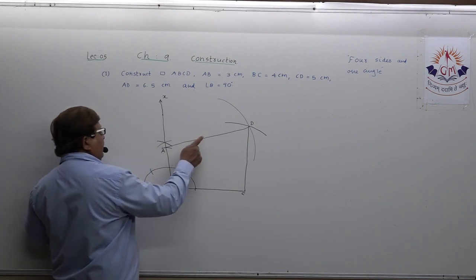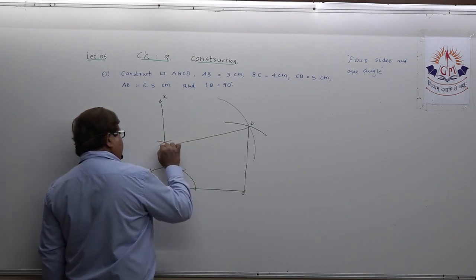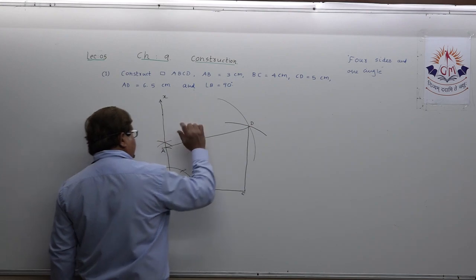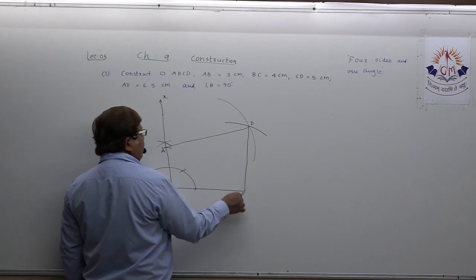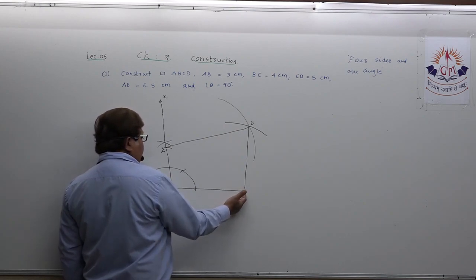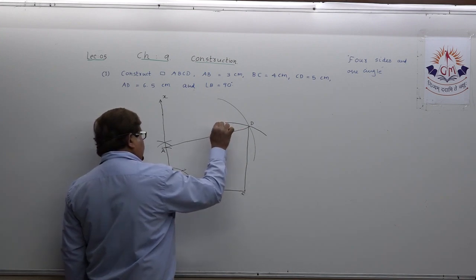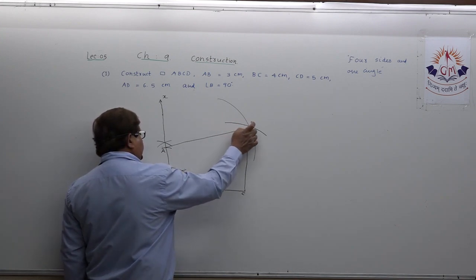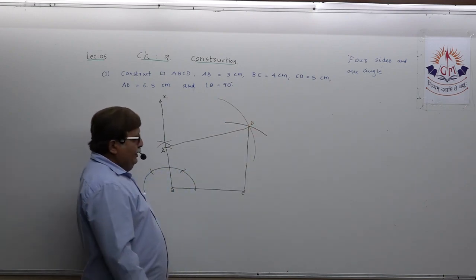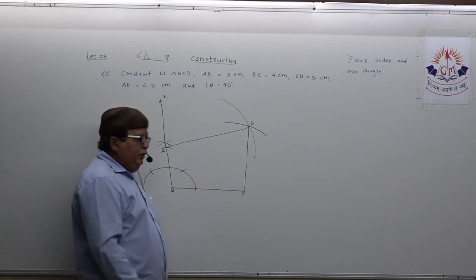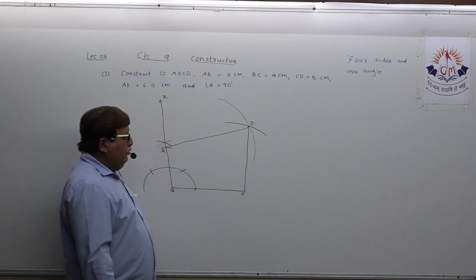Then we took radius of 6.5 centimeter and centering compass at A, we had drawn an arc. Then we have taken the radius of 5 centimeter, centering compass at C. We drawn another arc. The intersection point of both the arc is point D. And then we have joined AD and CD, and this way the construction got over.